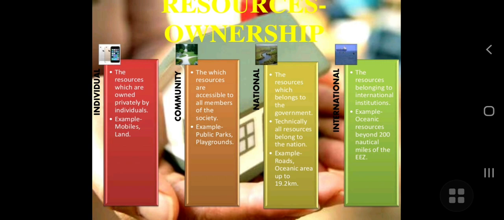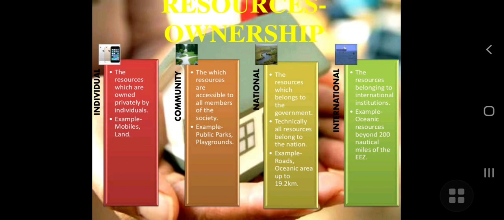Now, national resources: all the resources which are under the control of the state or union government are known as national resources. All the resources within the political boundaries are national resources because the government has the power to acquire even private property. International resources, let us understand these. These resources are owned and regulated by international institutions.